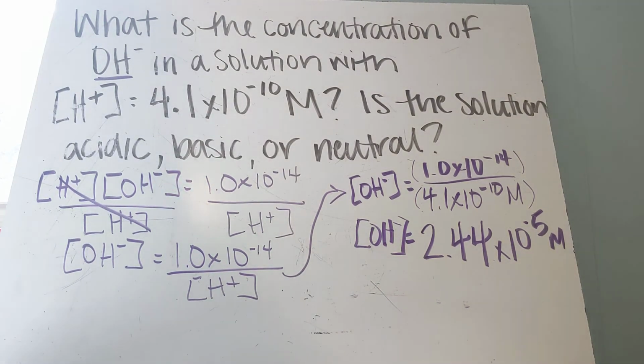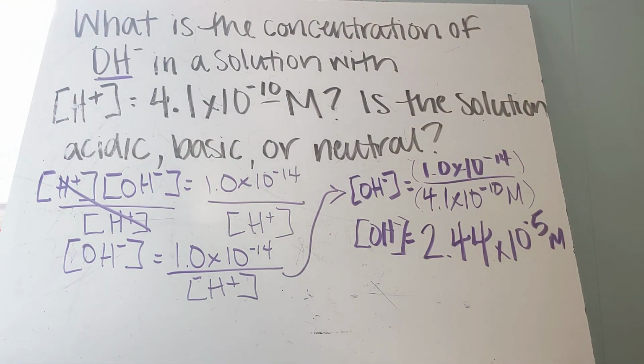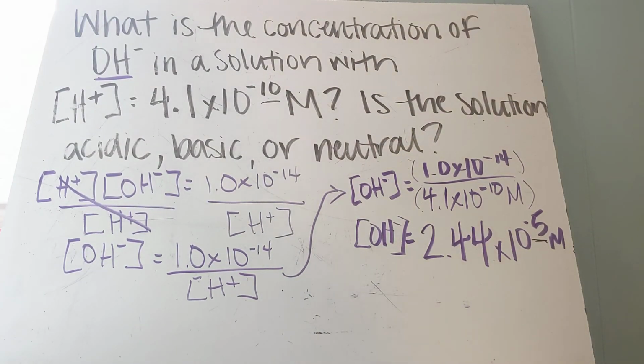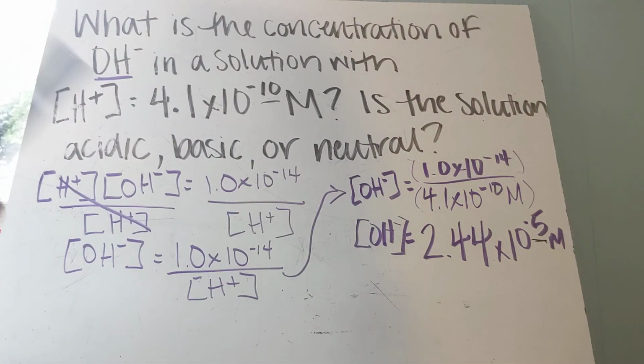Well, looking, our H plus ion concentration is to the negative 10th, and our OH minus concentration is only to the negative 5th. So our OH minus concentration is bigger. Remember, when our exponent is a smaller number, that actually makes it a bigger number.